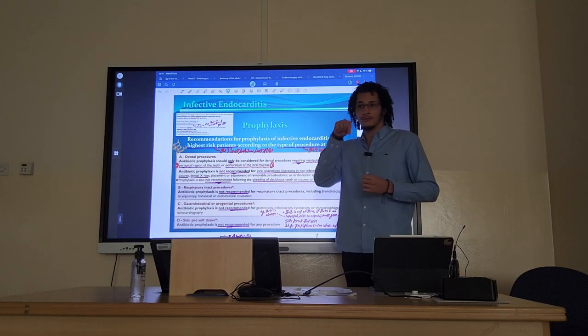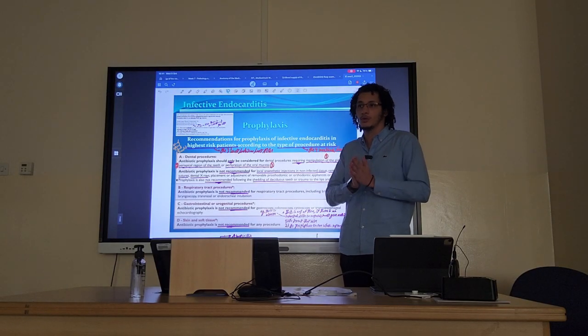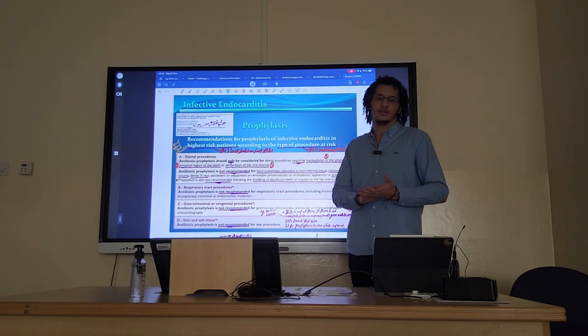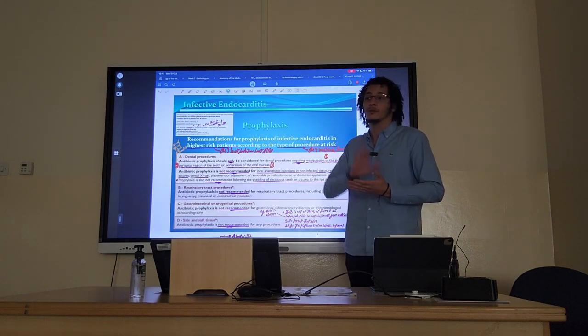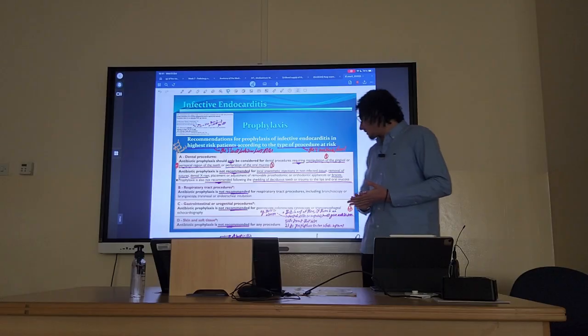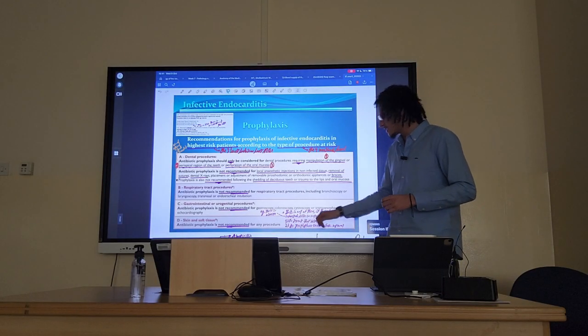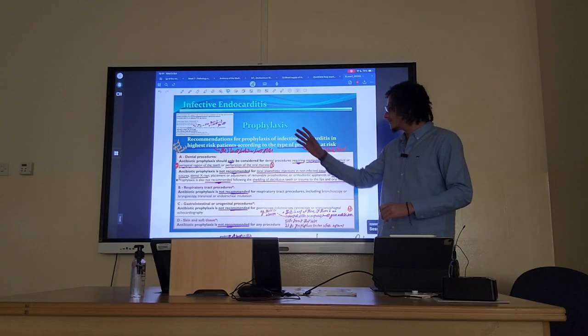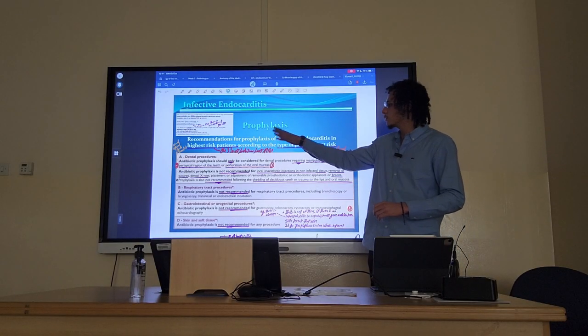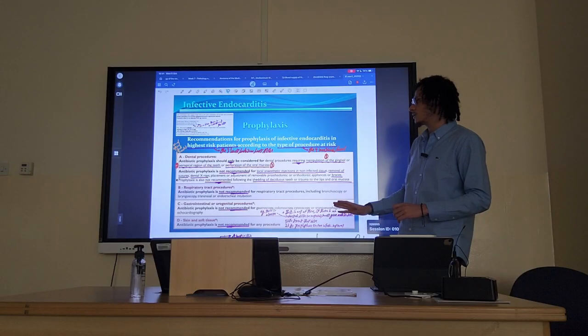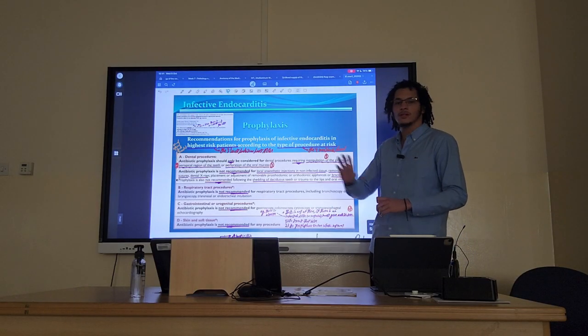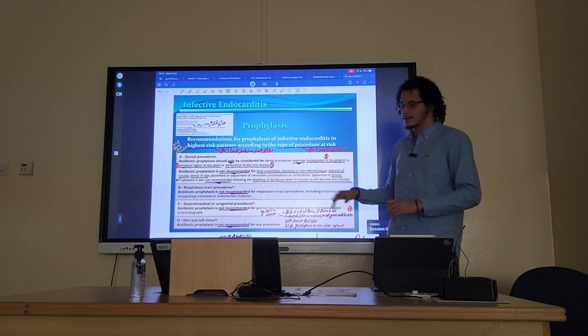Why would we give prophylaxis if we're going to do a procedure and there is already an infection at the site, or we find an infection? The reason is because we have 2 reasons. First is to treat the site. To treat the site of infection, we would give the antibiotic to go and treat the site of infection. So this is one useful feature of prophylaxis in this case.